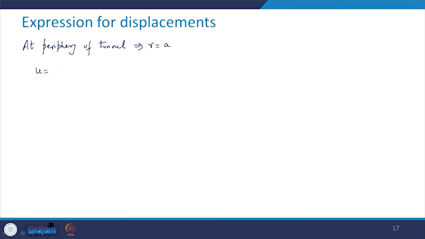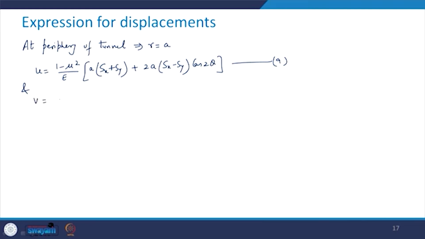U will be equal to (1 minus mu square) upon E into a [(Sx plus Sy) plus 2(Sx minus Sy) cos of 2 theta], that is equation number 9, and v will be equal to minus (1 minus mu square) upon E 2a (Sx minus Sy) sine of 2 theta. This is equation number 10.